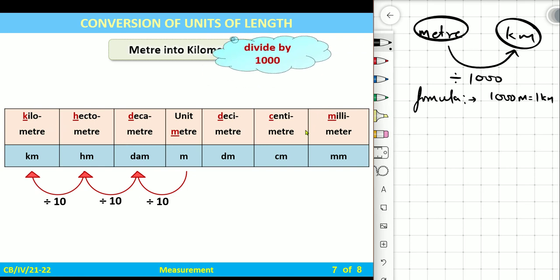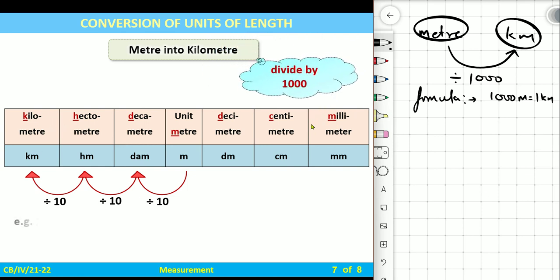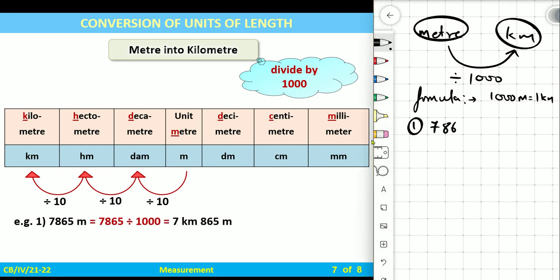Let us see the first example. Example number 1 is 7865 meter. You have to convert it into dash kilometer and dash meter. We already know that we want to divide by 1000.